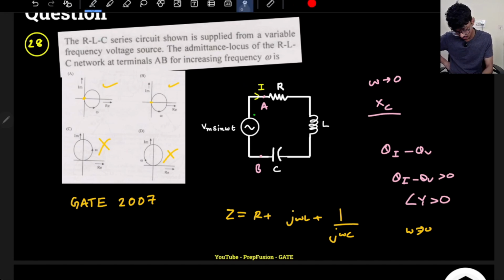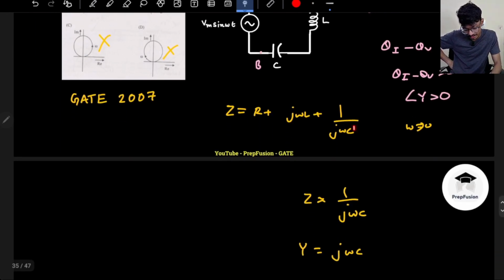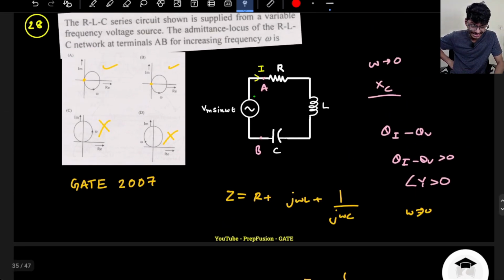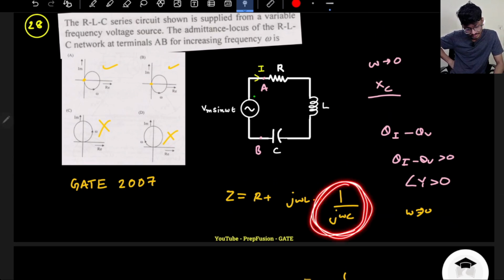Where will I go next? Will I go to the top side or the bottom side? If I am increasing my frequency, this term will reduce, but still the capacitive term will be dominating, right? Why?